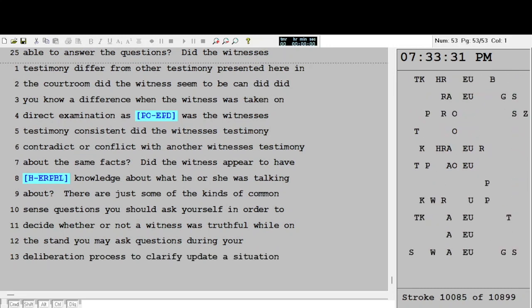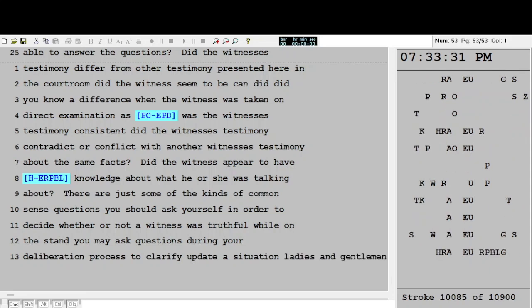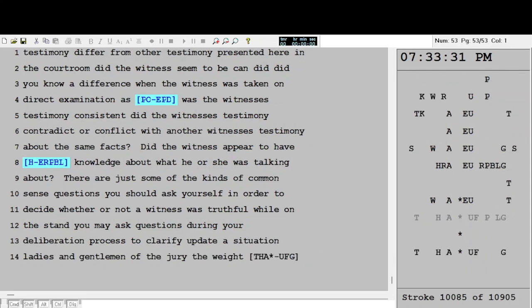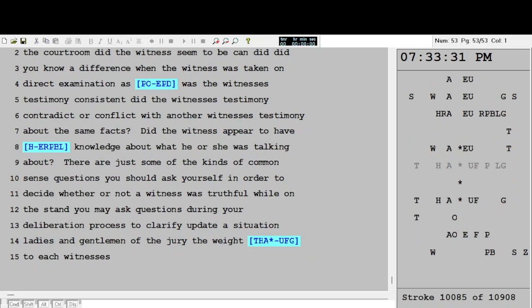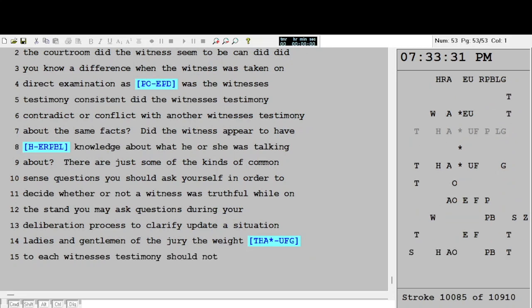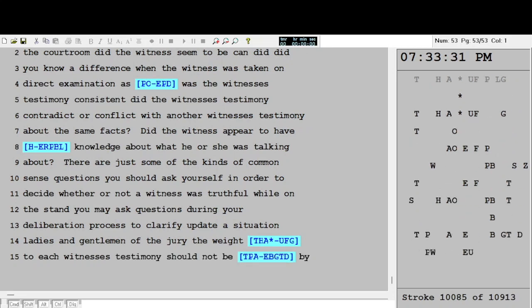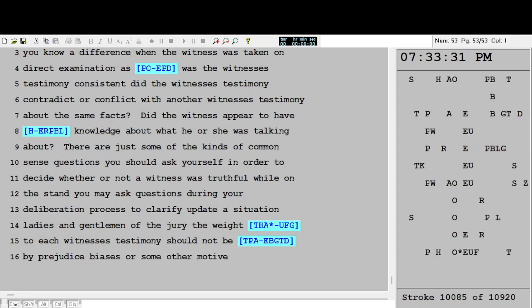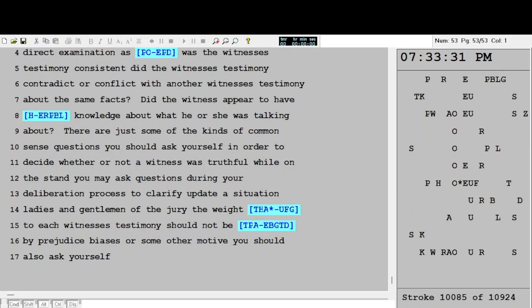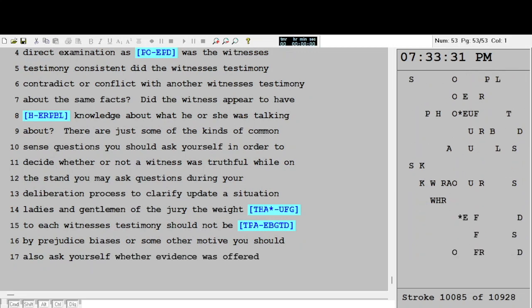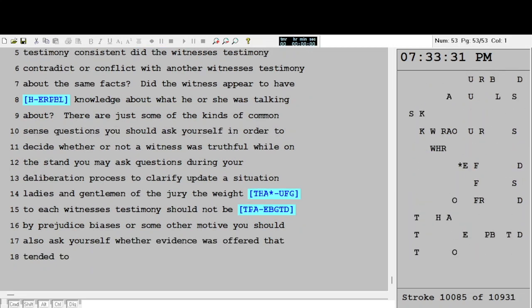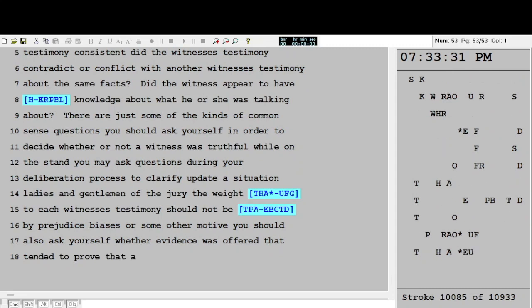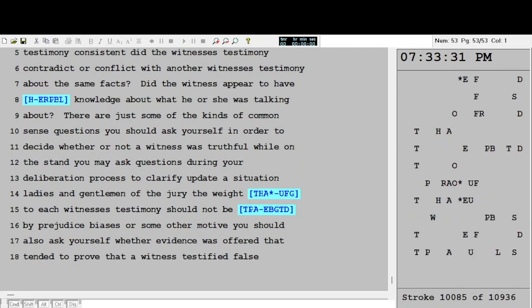Ladies and gentlemen of the jury, the weight that you give to each witness's testimony should not be affected by prejudice, bias, or some other motive. You should also ask yourself whether evidence was offered that tended to prove that a witness testified falsely concerning some important fact.